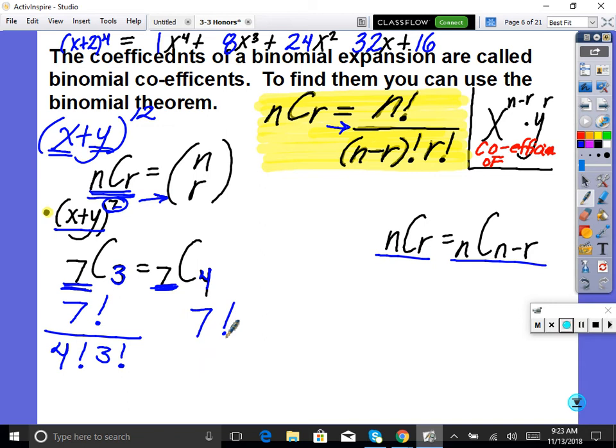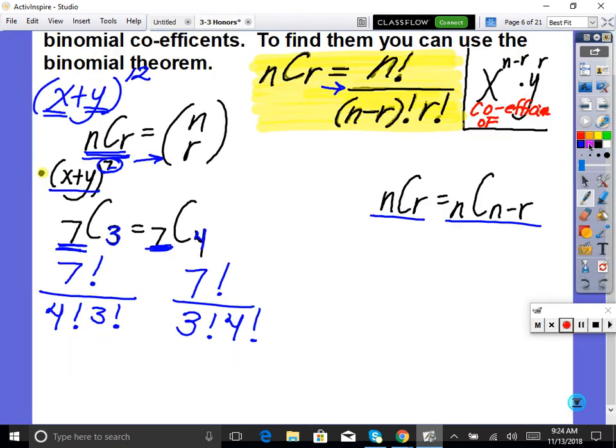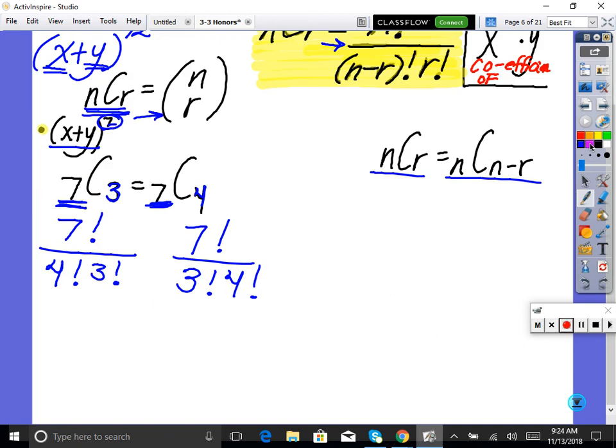Isn't this 7 factorial divided by 7 minus 4, which is 3 factorial, times 4 factorial? Aren't they the same thing? Yes, multiplication can be reordered. Do you see how they would calculate to be the same thing? So let's calculate this by hand. It's nice because once you know 7 choose 3, you don't have to calculate 7 choose 4 because you already know that they will be the same value.